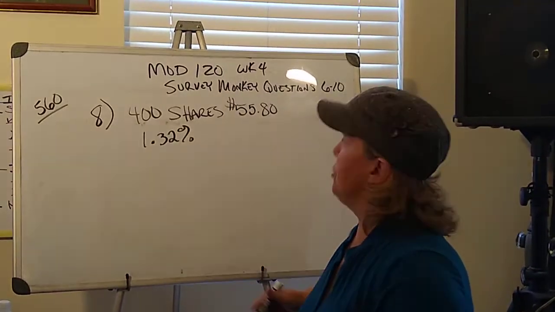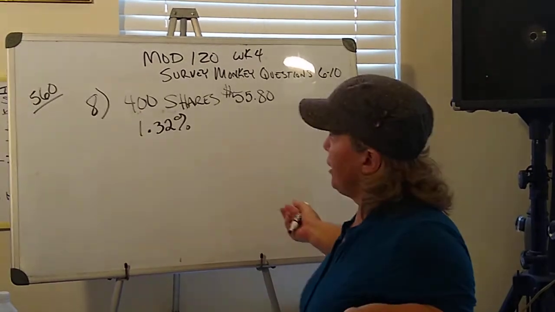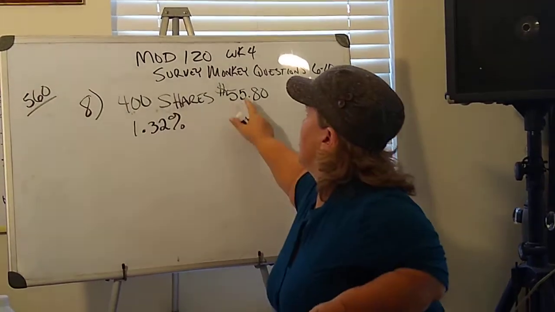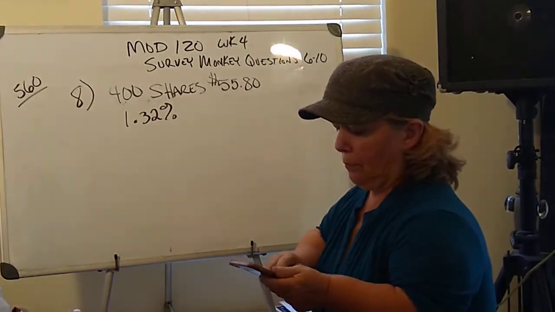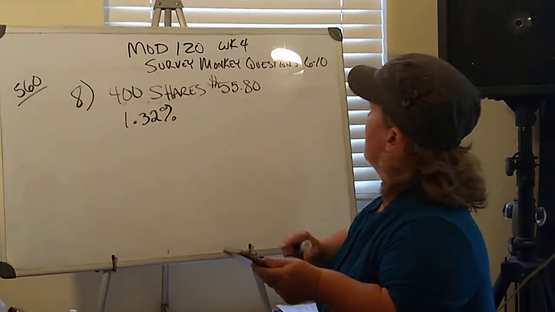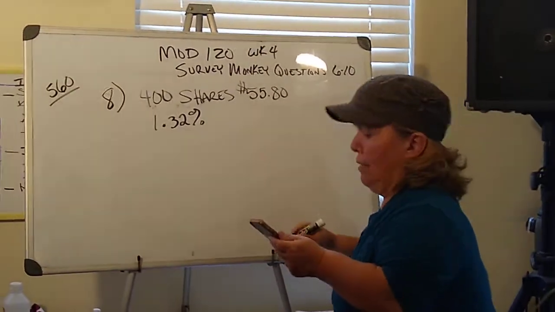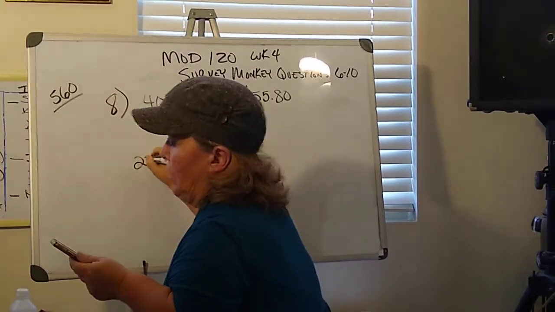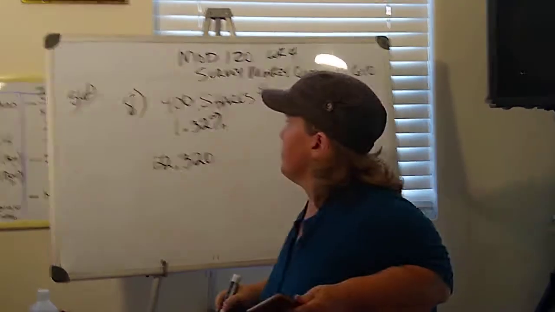So what we'll need to do is figure out how much 400 shares cost. So how do you do that? You take 55.80 and multiply it times 400. And I get 22,320. Okay?